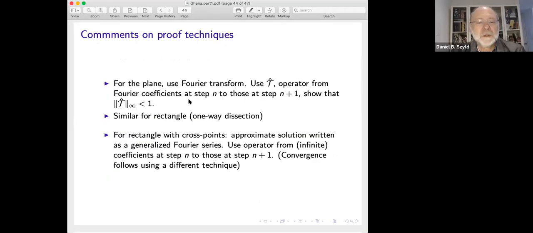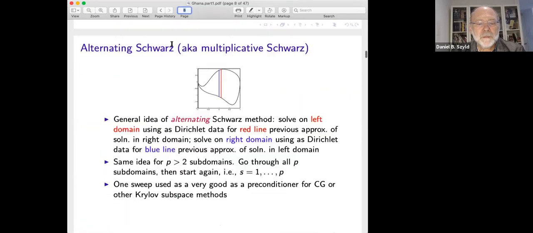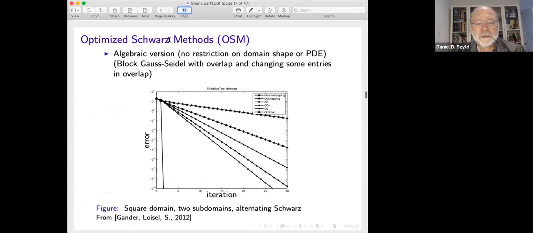Let me go back to the slide to show you the linear convergence. It comes from a paper from 2012.